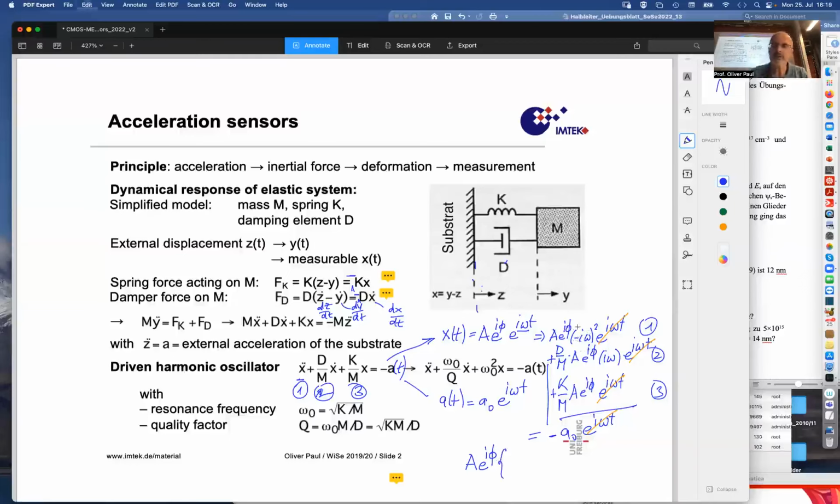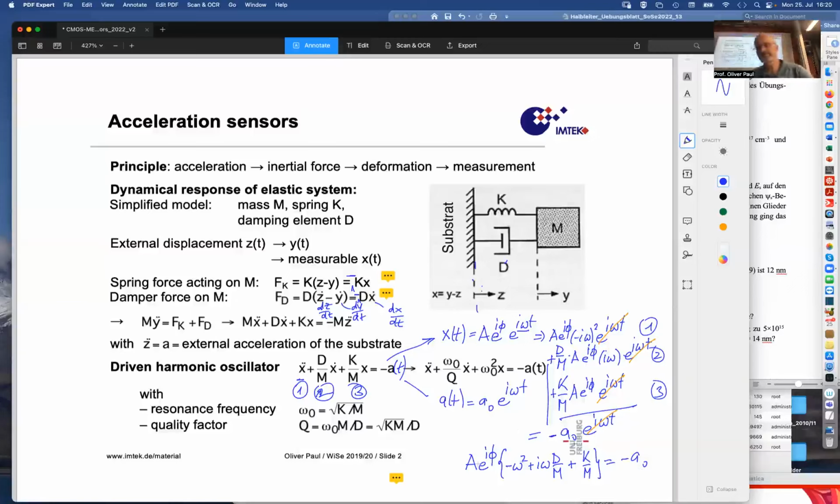Sorry, that was too fast. This minus i squared produces i squared, which is minus. So minus omega squared plus i omega times d over m plus nothing, k over m, close the bracket, is equal to minus a0.